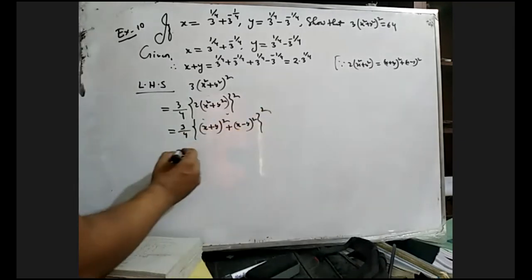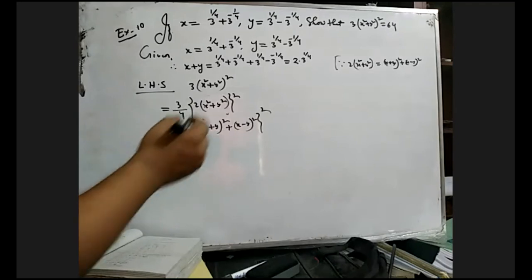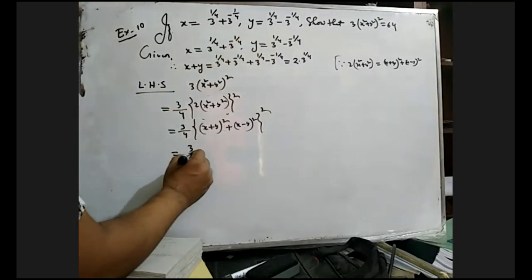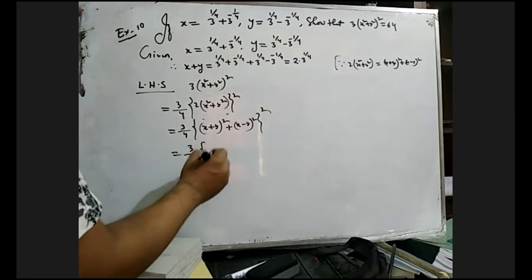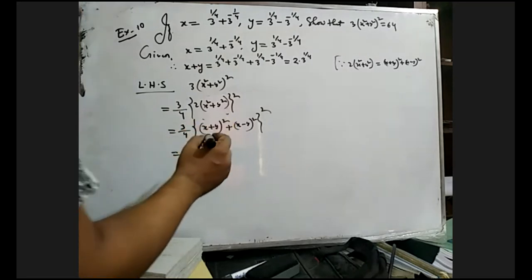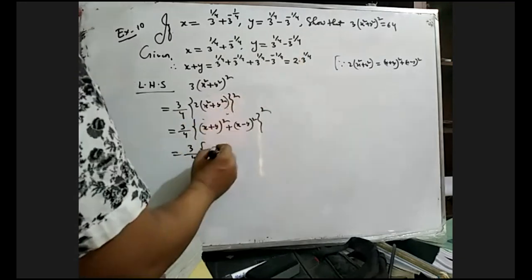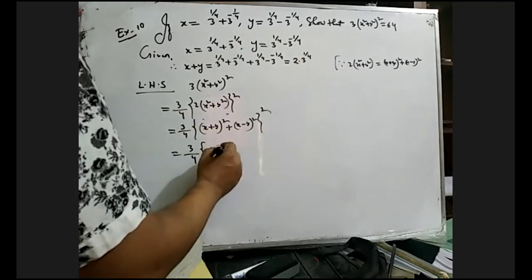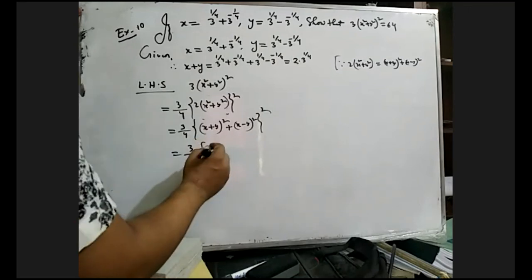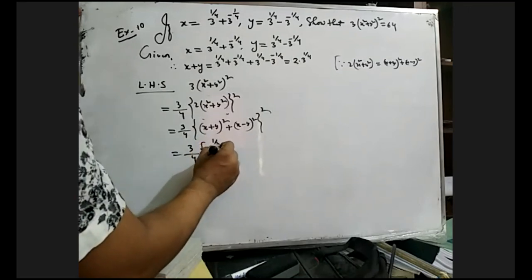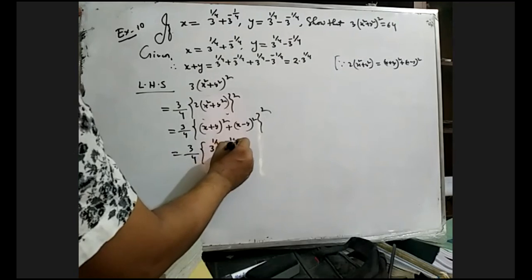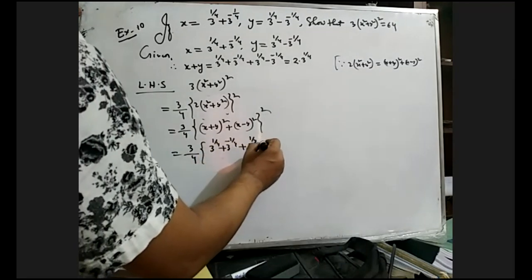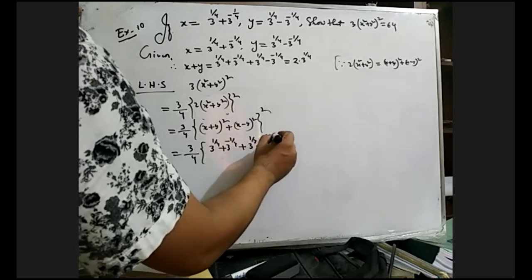This whole square. So from the given, x plus y equals to what? x plus y equals to what? 2 into, okay, we can put the value: (3 to the power 1 by 4 plus 3 to the power minus 1 by 4) plus (y equals to what? 3 to the power 1 by 4 minus 3 to the power minus 1 by 4).